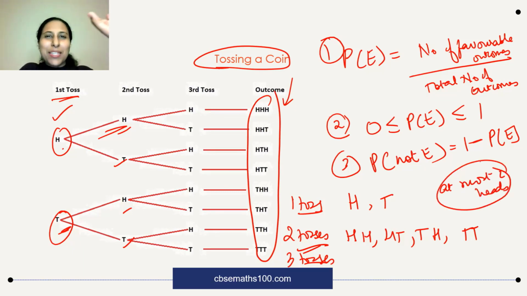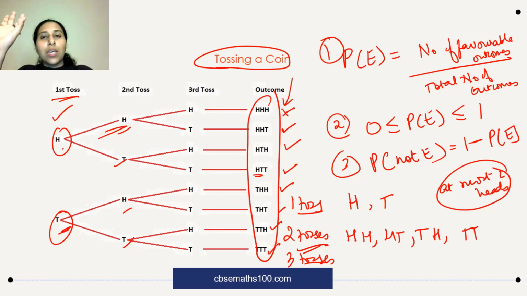At most 2 heads means what? Maximum 2 heads. Where do you have maximum 2 heads? Not over here. You're having it here, okay. Here, okay. This is also maximum 2 heads because only 1 head is there. So it's okay. Maximum 2 heads I'm having here. This is fine. This is fine. This is fine. Even this is fine. Tail, tail, tail.